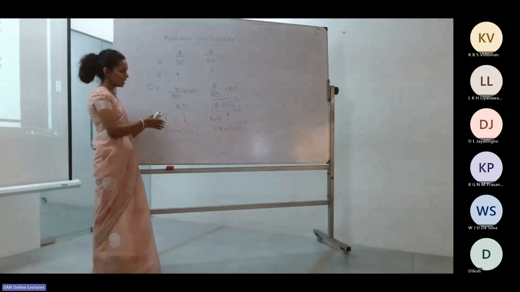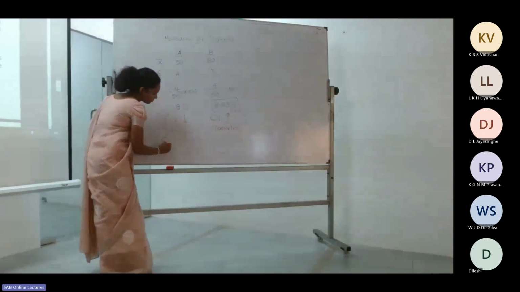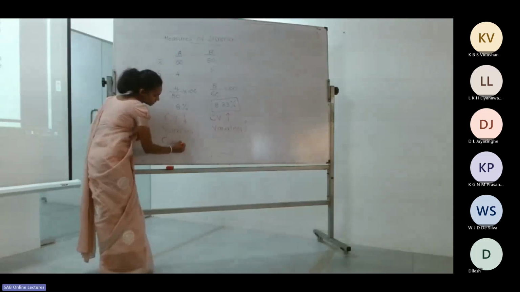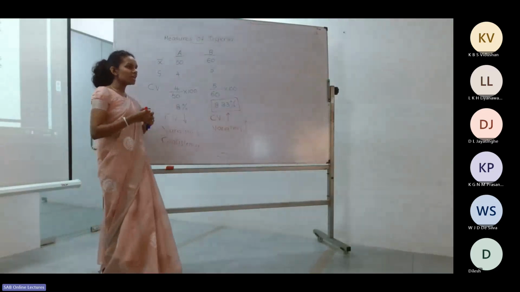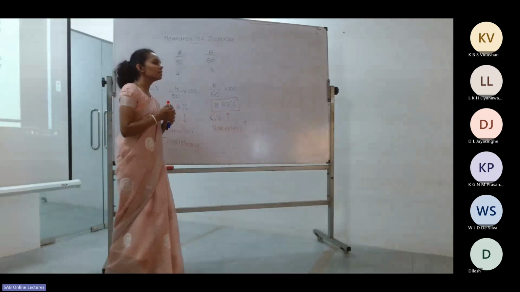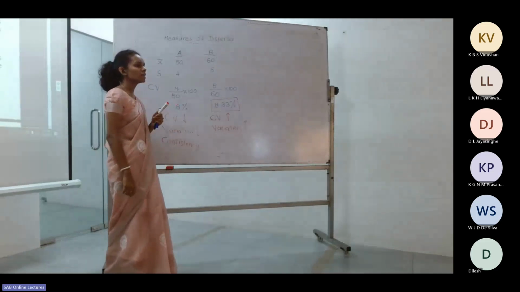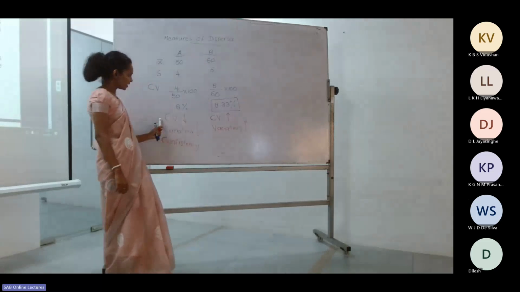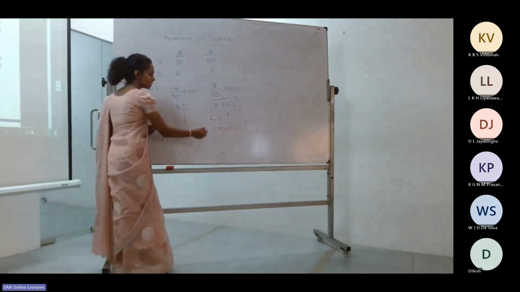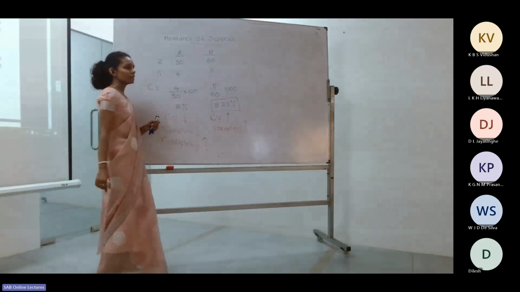Is it clear? The other thing we can find out is the consistency. If variation is less, is consistency high or less? If variation is less, it means consistency is high.